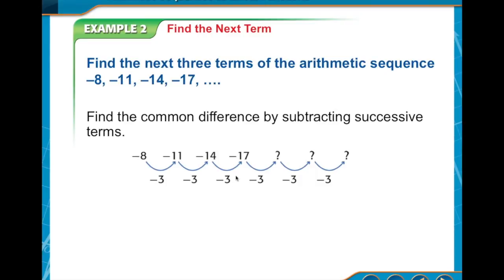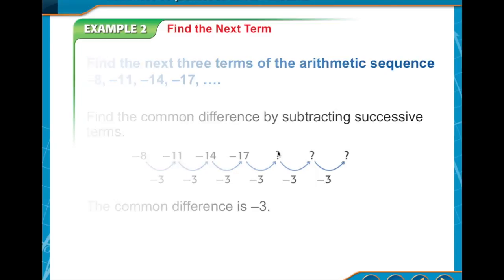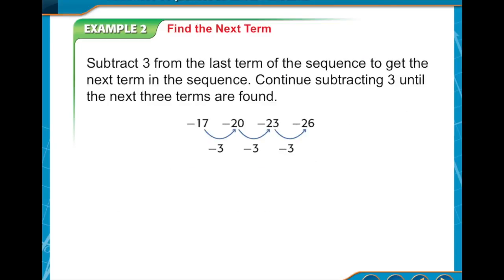So if we want to find the next term, we go to -17, the last one given, and we do whatever this says. It says take away 3, and that'll give us the next number. So -17, take away 3, gets us to -20. Let's remember that our common difference here is -3.